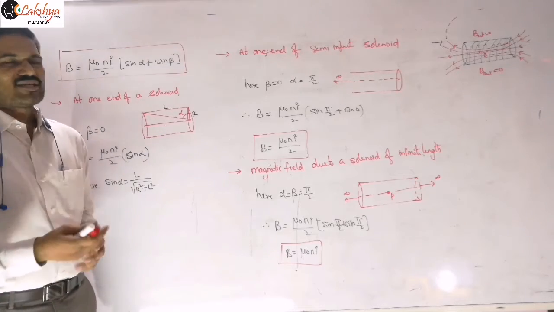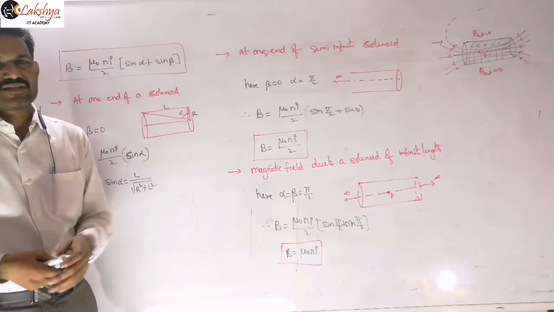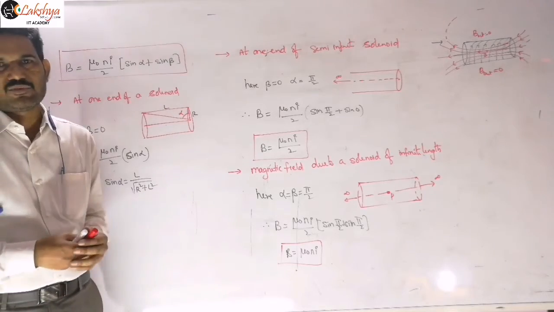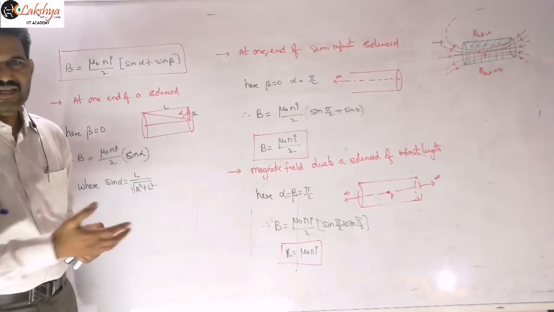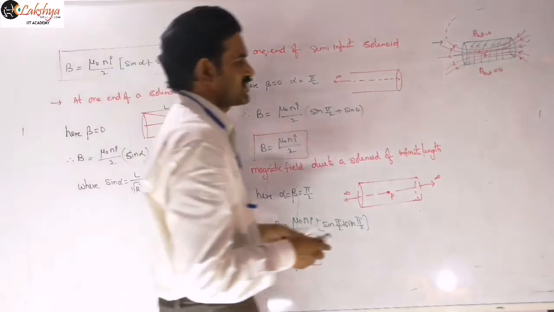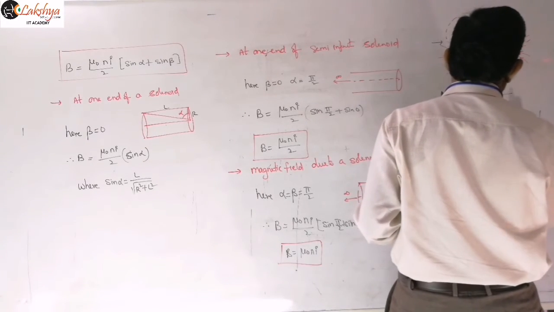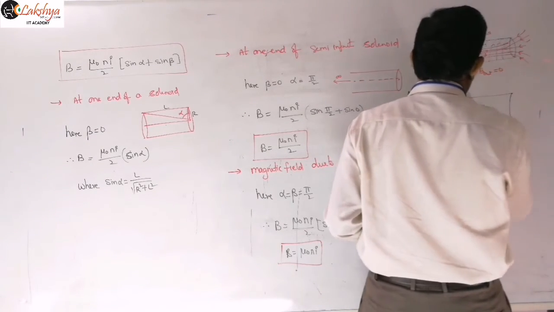And next, sometimes they may ask that some other material is placed inside as a core. Here I said it is a hollow cylindrical pipe we are considering. If you are placing any core inside this, mention that.